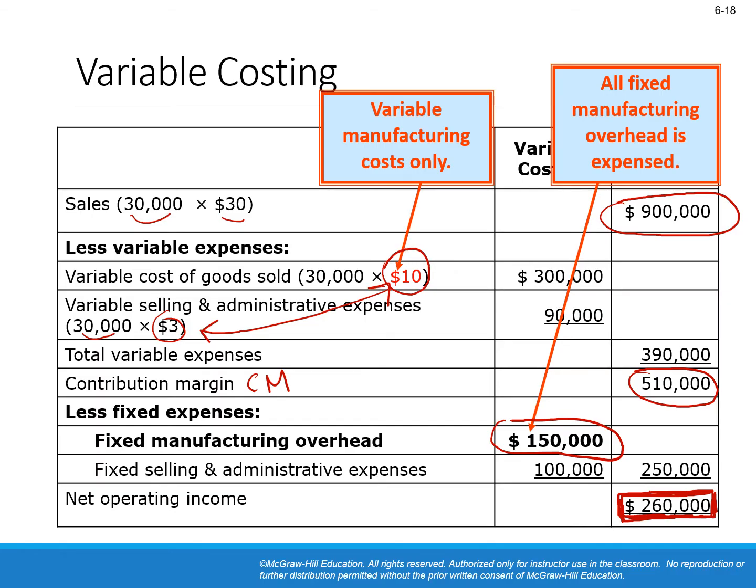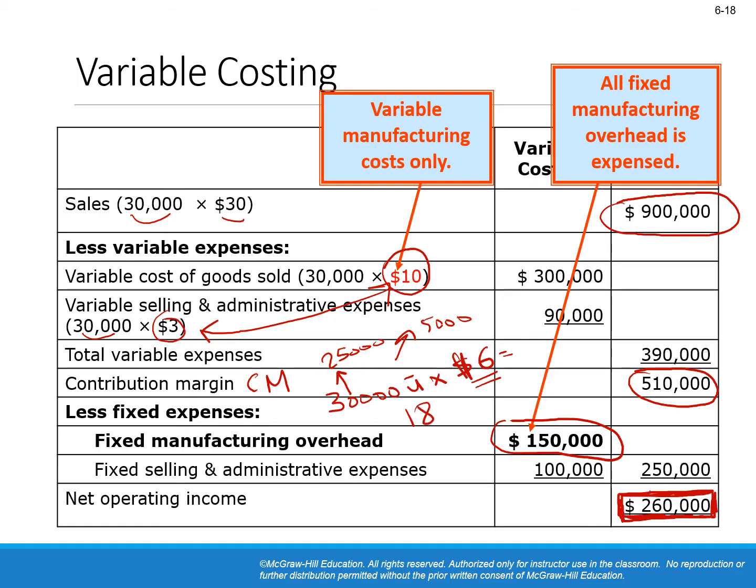Under absorption, it's a function of units. So we have 30,000 units multiplied by $6, right? Which is the fixed manufacturing overhead per unit. So this $6 now will appear in the fixed manufacturing overhead for the units that were produced, which is the 25,000, and the units residing in beginning inventory, the 5,000.